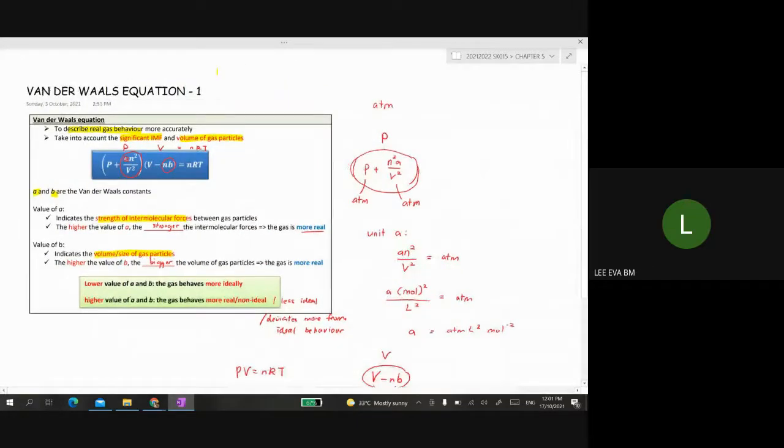Yes. No calculation lah. But you have to know what is the function of A and B. No calculation for the van der Waals equation. Oh, alright. Noted. Okay.